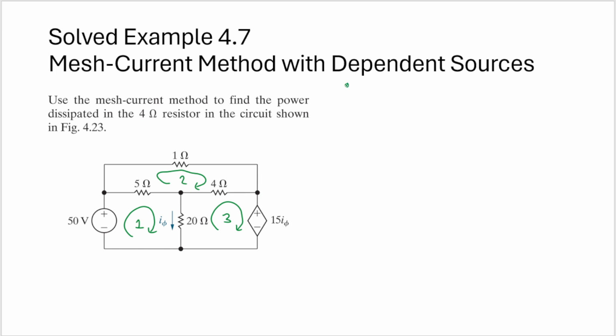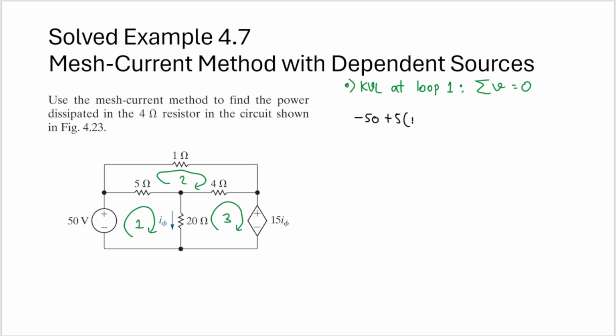So I will have first KVL at loop 1. KVL says that the sum of the voltages is equal to 0. Now we will have this one minus 50, because the current is flowing from negative to positive. And then we will have plus 5, multiplied by I1 first since we are working on loop 1.